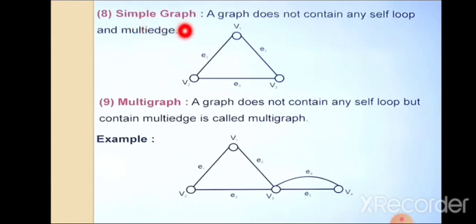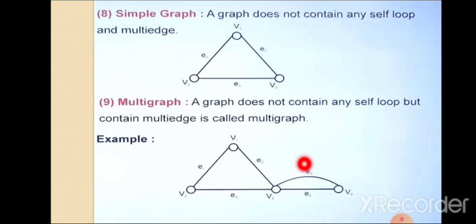Next is simple graph. A graph which does not contain any self loop or multi-edge is called a simple graph. Like here, we don't have any multi-edge nor any self loop. Next one is multi-graph. A graph which does not contain any self loop but contains multi-edge is called a multi-graph.